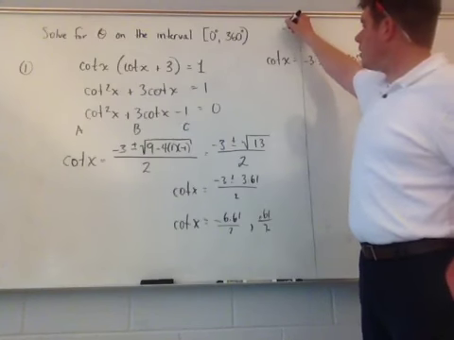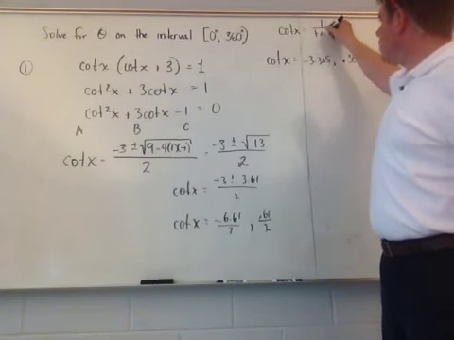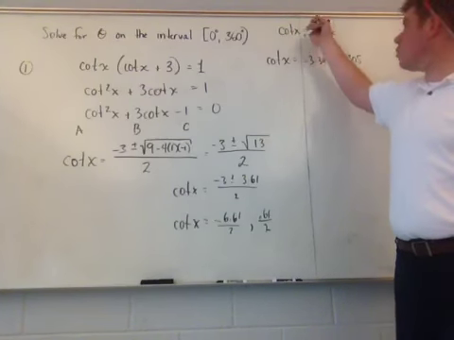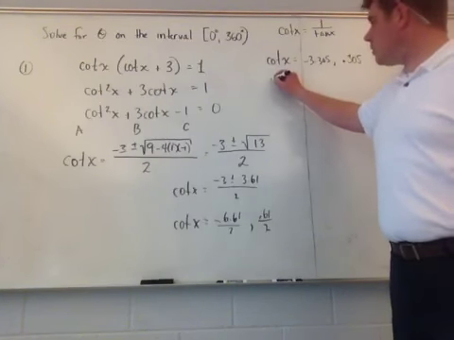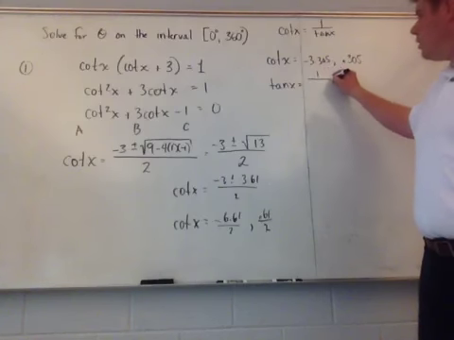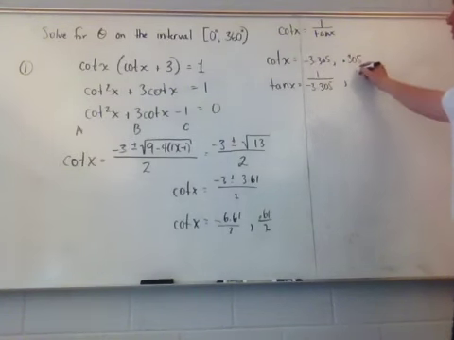So remembering back, cotangent of x is 1 divided by tangent of x. And these two are interchangeable, so I could say the tangent of x is 1 divided by that. And that's actually what I'm going to do. So I'm going to turn this into tangent of x is equivalent to 1 divided by negative 3.305 and 1 divided by 0.305.